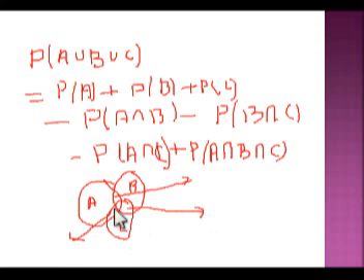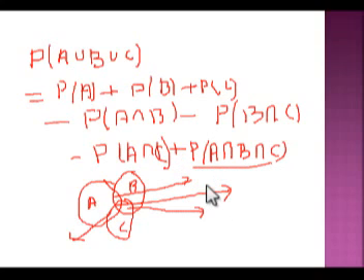So when you subtract these one time, you will get the union A union B union C. But at the same time, the point A intersection B intersection C is cancelled one time more.